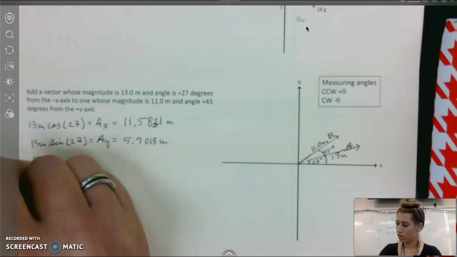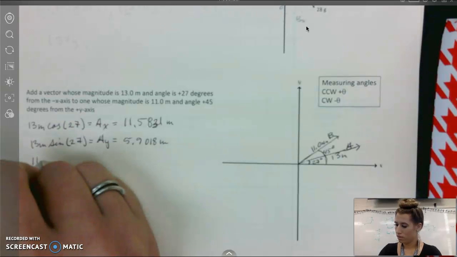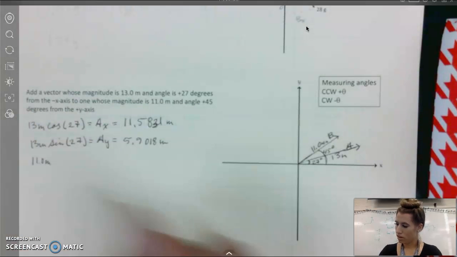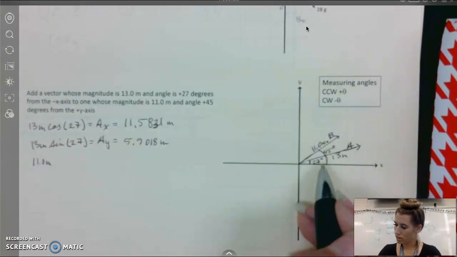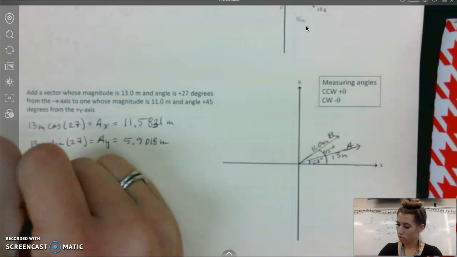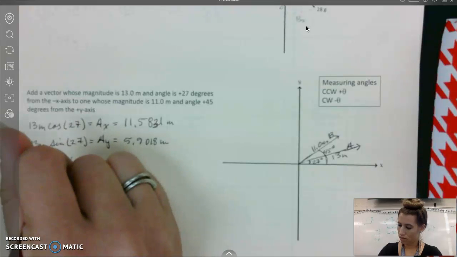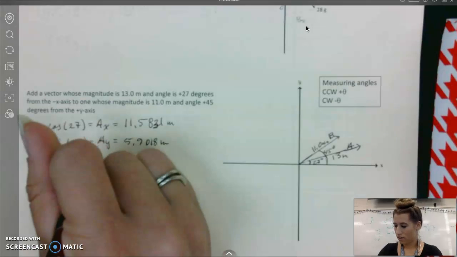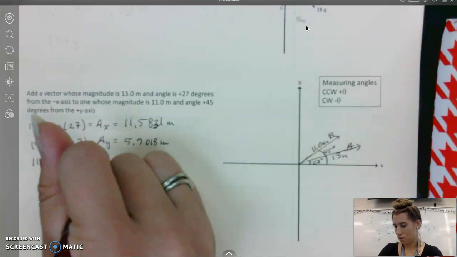So our magnitude of 11 meters, and then again our adjacent for b is the x. So we're going to have cosine, the angle is 45, okay, and that's going to equal b sub x.